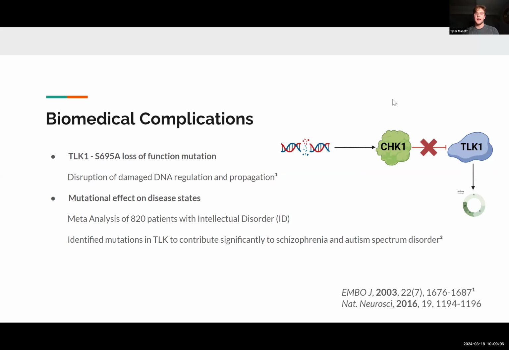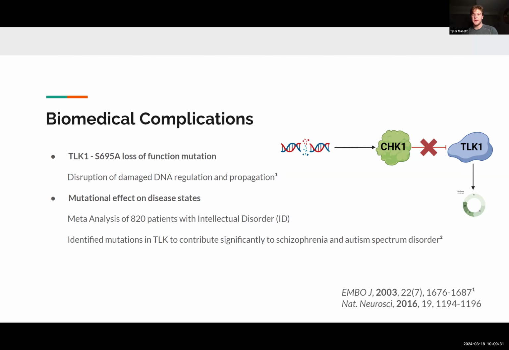Having potential oncogenic functions, TLK1 has been shown to be rapidly inactivated due to double strand breaks, and this is caused by CHK1 phosphorylating it at serine 695. Mutagenesis studies have shown that mutations at this site from a serine to an alanine impair this downregulation, allowing for the replication of damaged DNA.